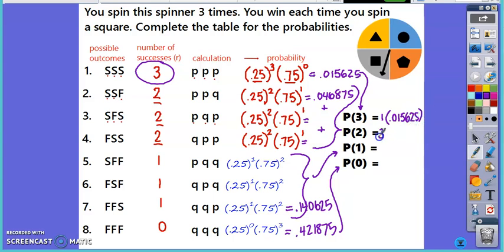But there were 3 2-success options, right? There were 3 1-success options, but then just 1 of those. So that's our table.